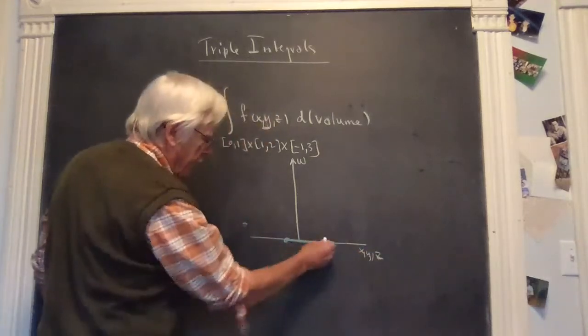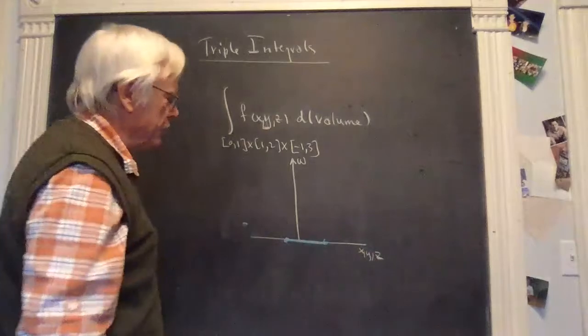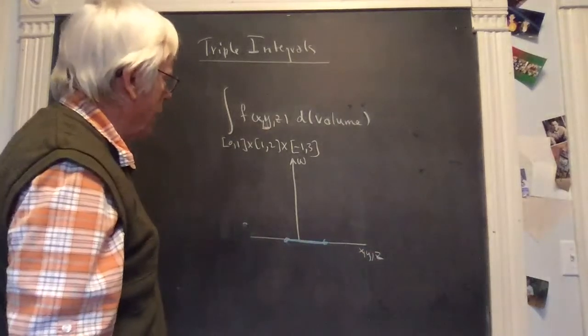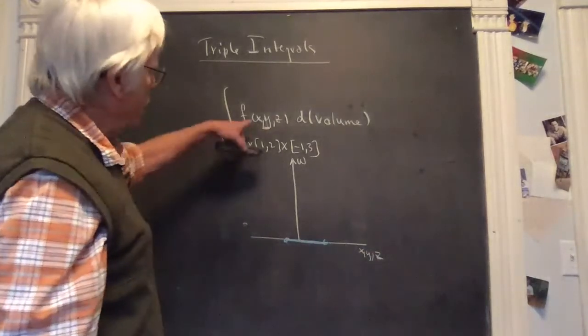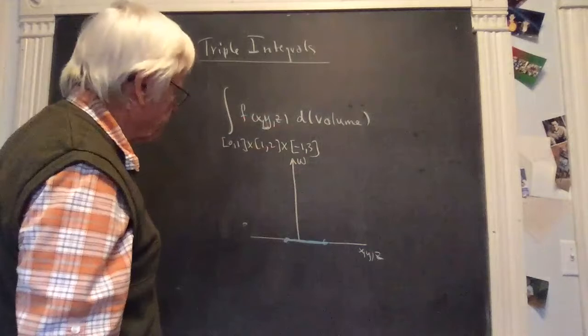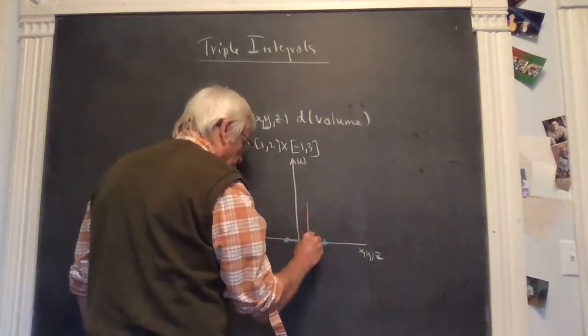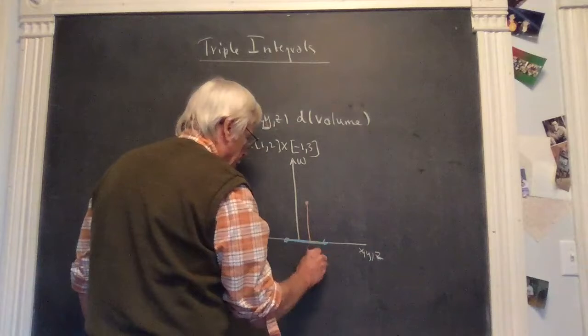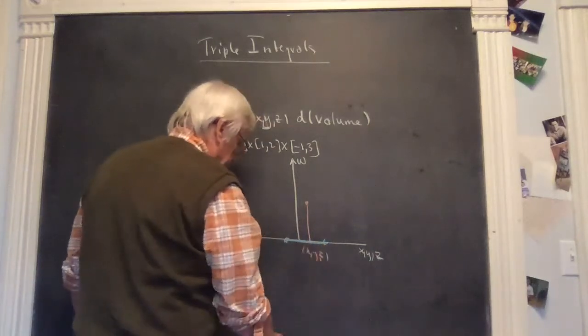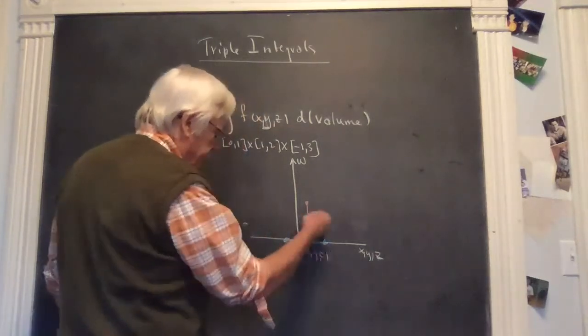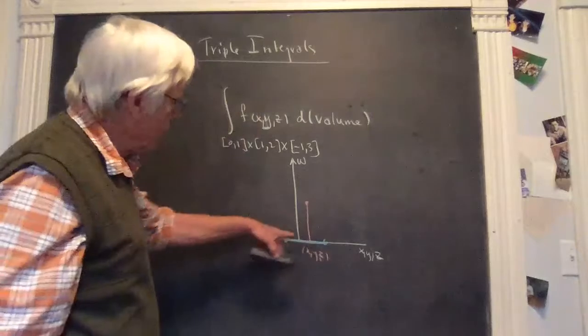This is just a domain. The fact that it's got interior means it's a domain, and you integrate with respect to volume, which means that you take any x, y, z in here, and you add up the lengths over the entire domain.